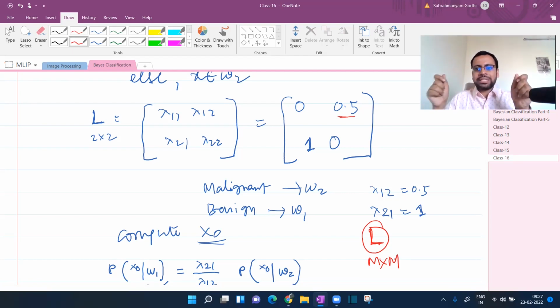If there are m classes, the first row will tell you, if I classify 1 to 1, of course 0; 1 to 2, 1 to 3, I misclassify that which belongs to 1 to 4. And finally, it actually belongs to 1, but I classified as m, so that is lambda 1m. Same thing I do for each class, so the size of this matrix is m cross m. Good question. Is that clear to everyone then?